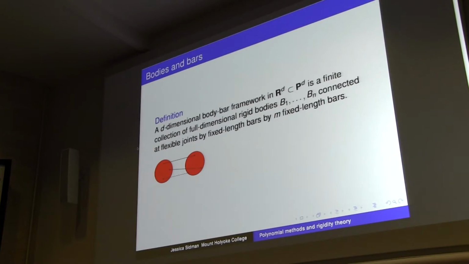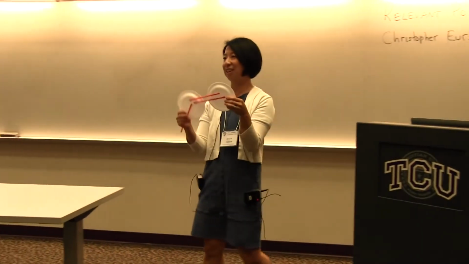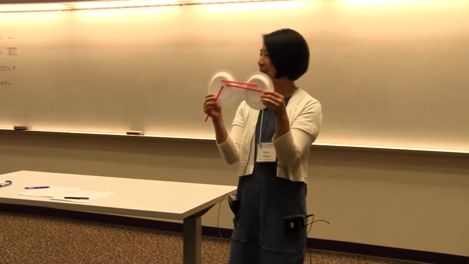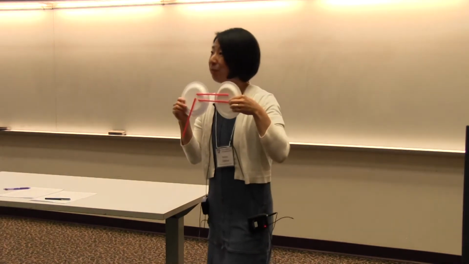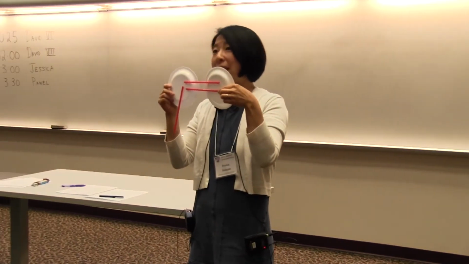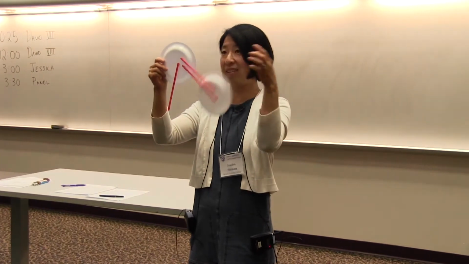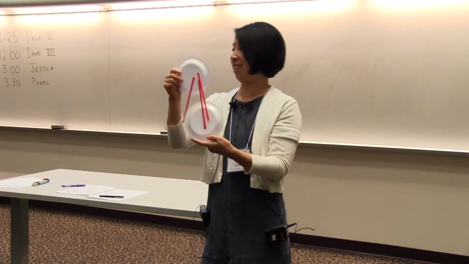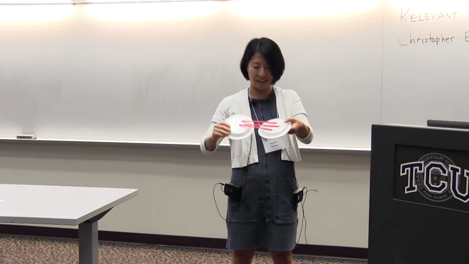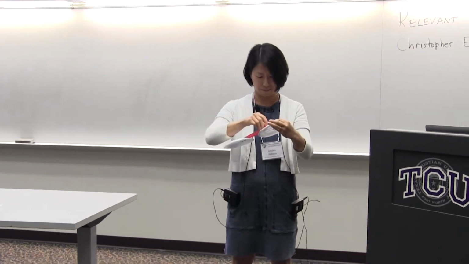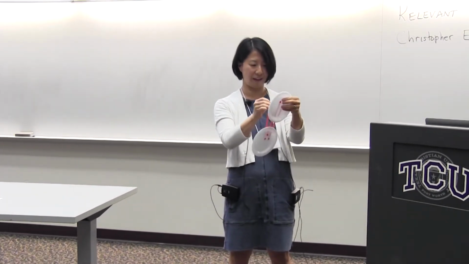Okay, so I actually have such a framework here. This is a real life realization using plates stolen from our reception on the first day. And so you can see that what I've done, I bought pins and straws at Kroger. And so the pins are the flexible joints, and this is not rigid with only 2, but if I generically place this last straw in, oh, that looks, hold on, really generically.